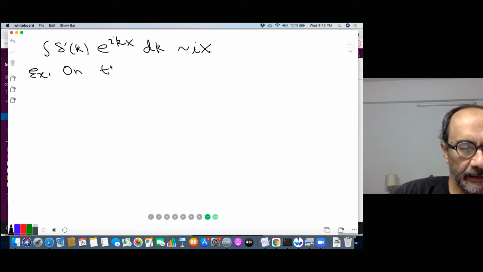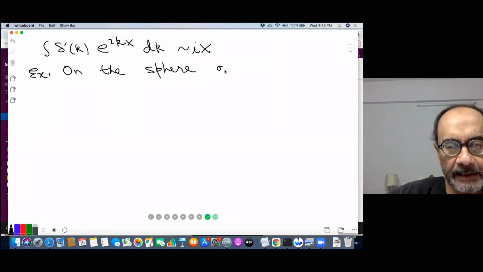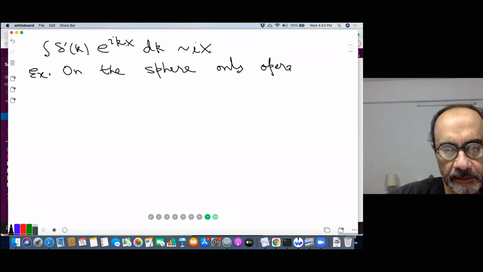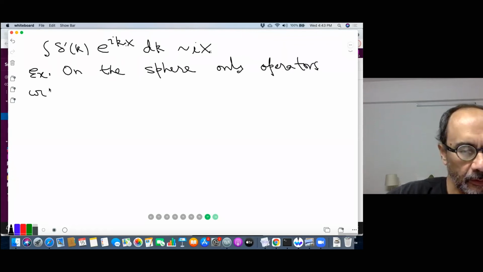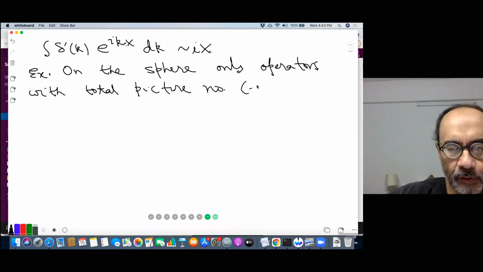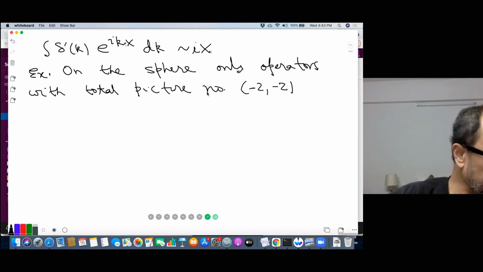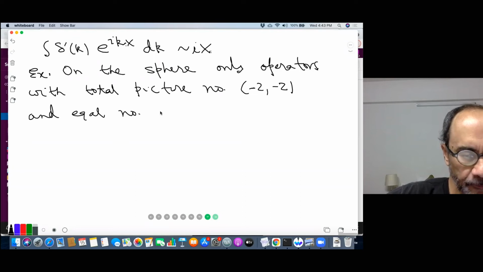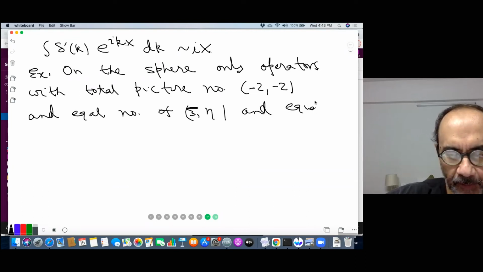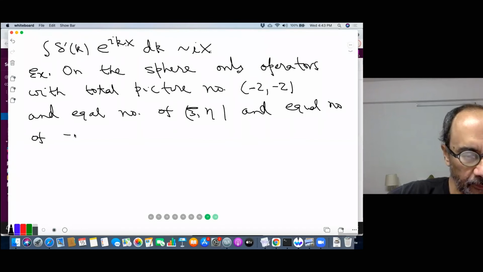So on the sphere, only operators with total picture number -2, -2, so -2 in the holomorphic sector and -2 in the anti-holomorphic sector, and an equal number of xi and eta, and an equal number of xi bar and eta bar, have non-zero correlation function.